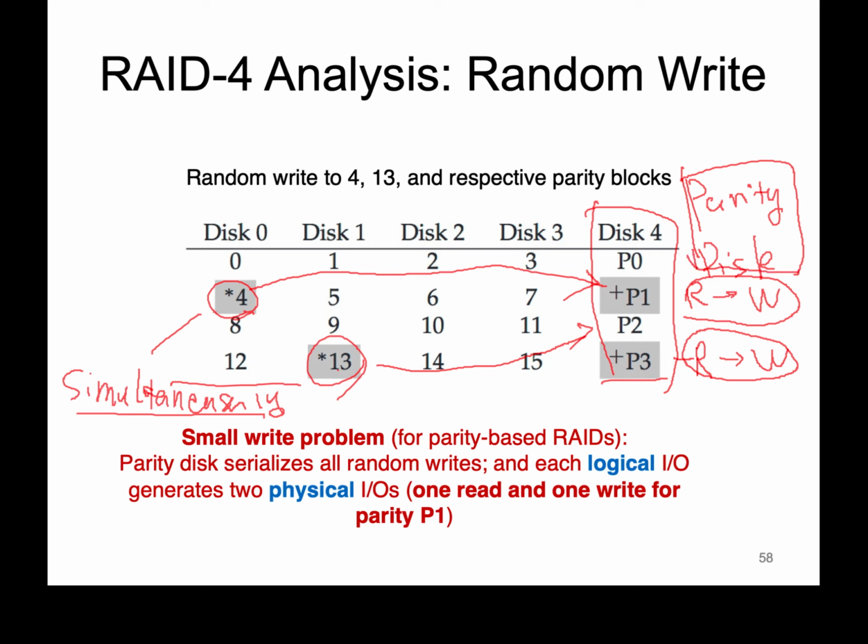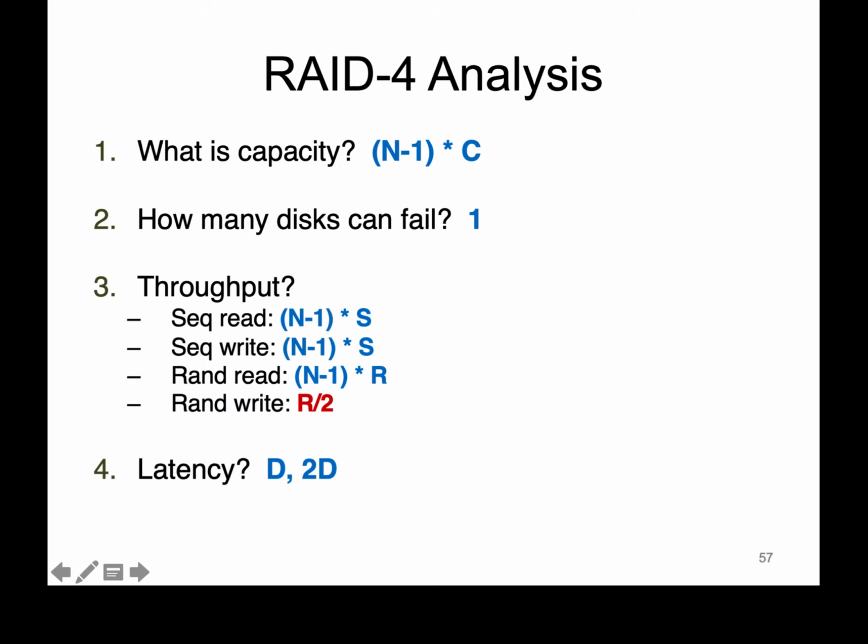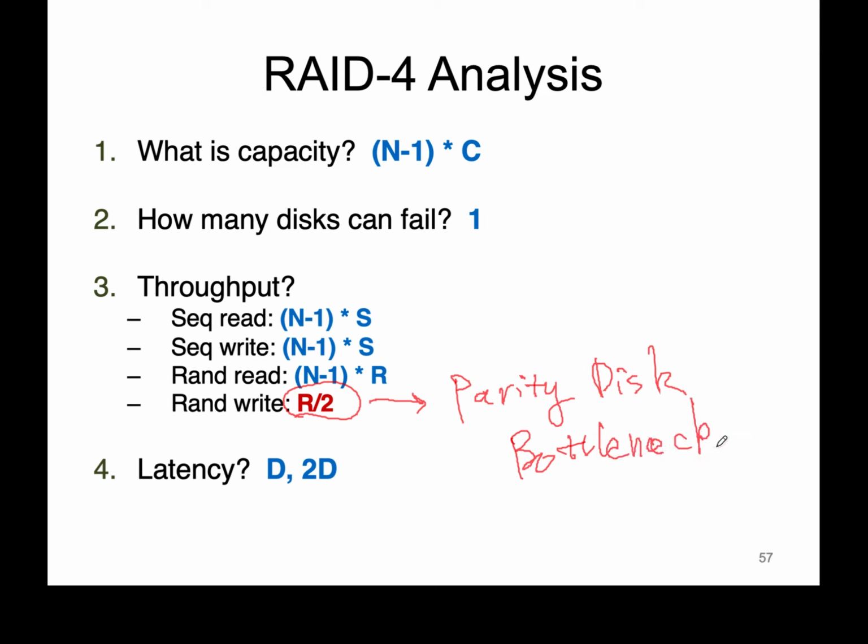So that is why each and every one of these random writes gets effectively translated into two small IOs. That is why we have a decreasing factor of 2 over here, and why we're essentially looking at R divided by 2: because we have this parity disk bottleneck and we have this small write problem.